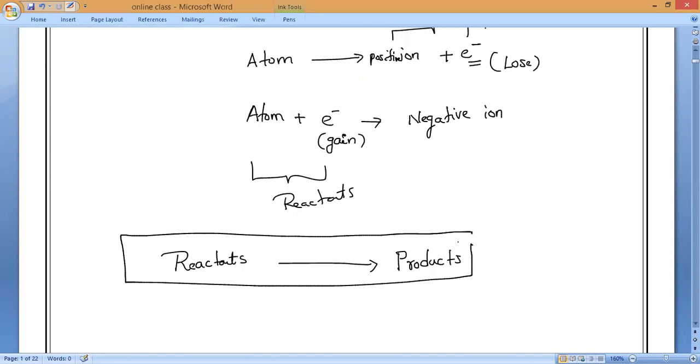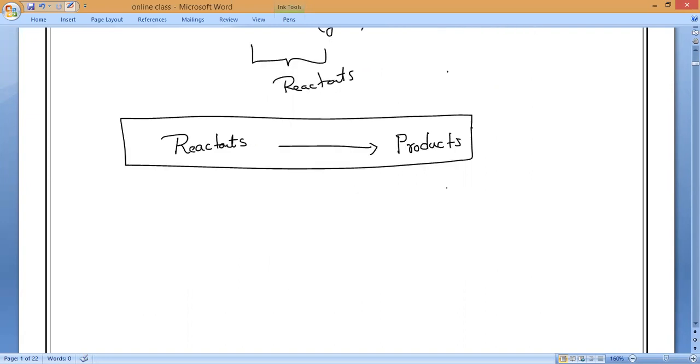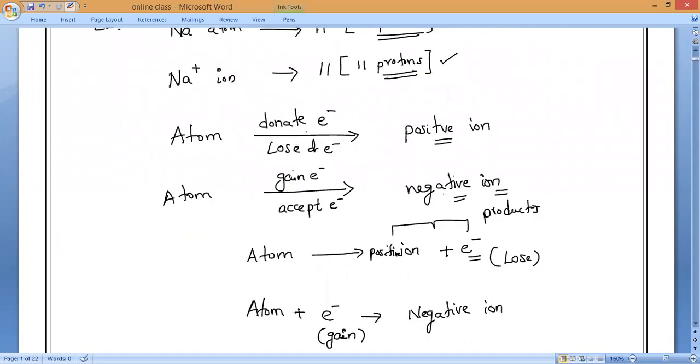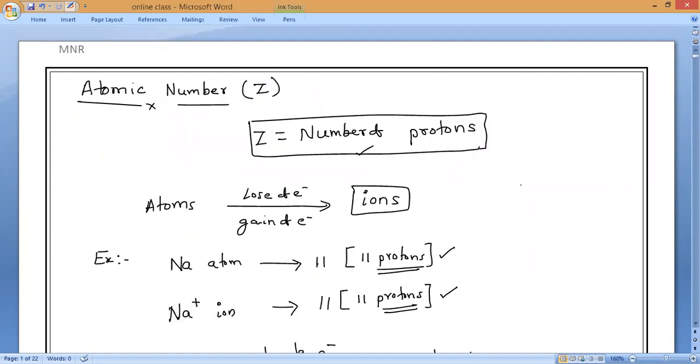That is what you have to remember. So reactants and products. Hope you all understood this. So what is atomic number? Atomic number means only number of protons. That is what you have to remember. And what is the symbol of atomic number? Z.